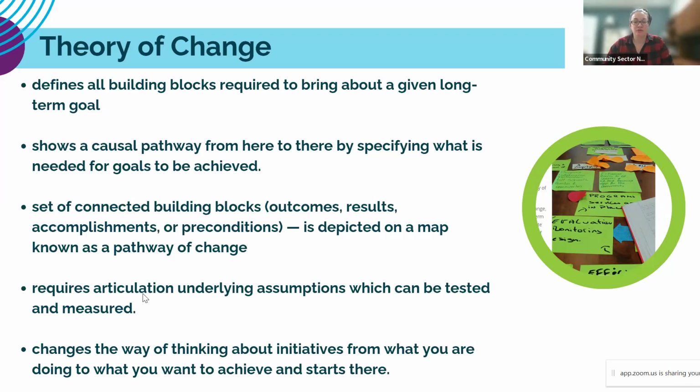And it's very important to articulate your underlying assumptions of what is going to be tested and measured. And using a theory of change model really shifts the way you think by setting that goal first and then working to achieve it rather than building your activities first and then working towards the goal. So it's that working backwards framework that will put your activities and initiatives into a different perspective.